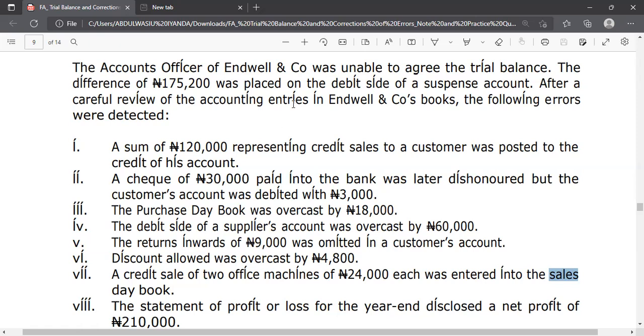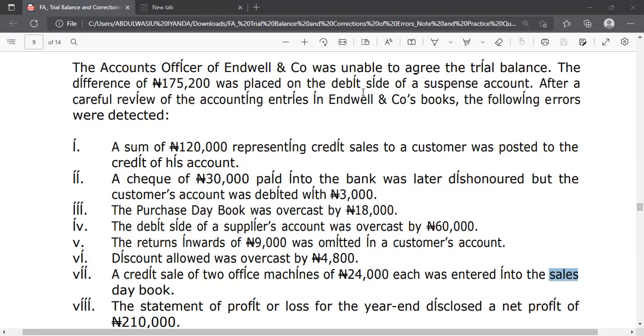I feel it's correct. All right, you feel it's correct. Why? Because credit sales are recorded on the credit side since it's an income to the business. They are posted on the credit side of the ledger account since it's an income.